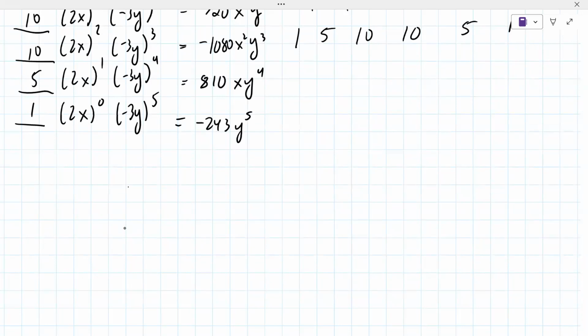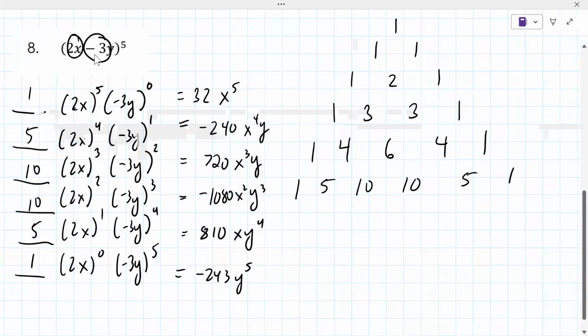They do alternate in sign when there's a negative inside here. There are other things that could happen, but you're going to get something like that on the test.